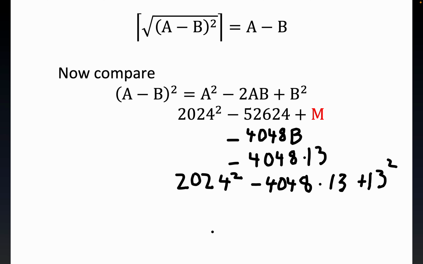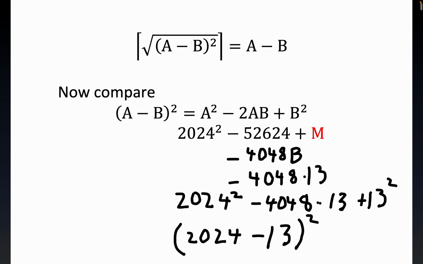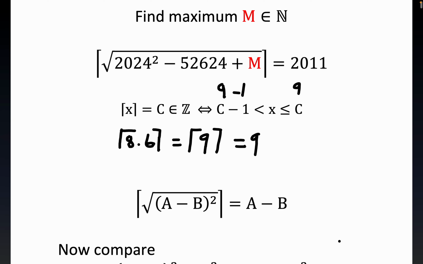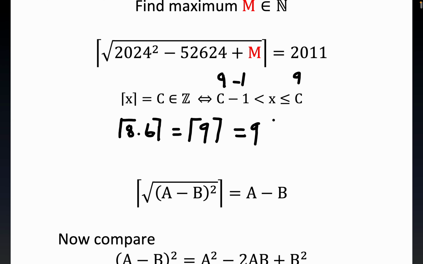But what is that equal to? That's just equal to (2024 minus 13) squared. But notice that the ceiling of this expression is just going to be the difference of these two numbers, which tells us exactly what m has to be.